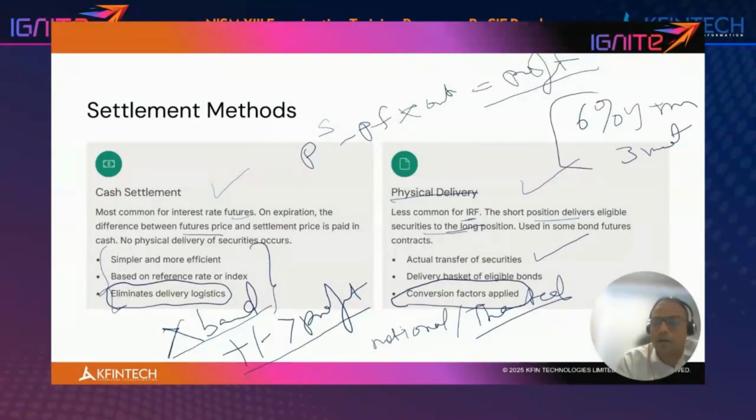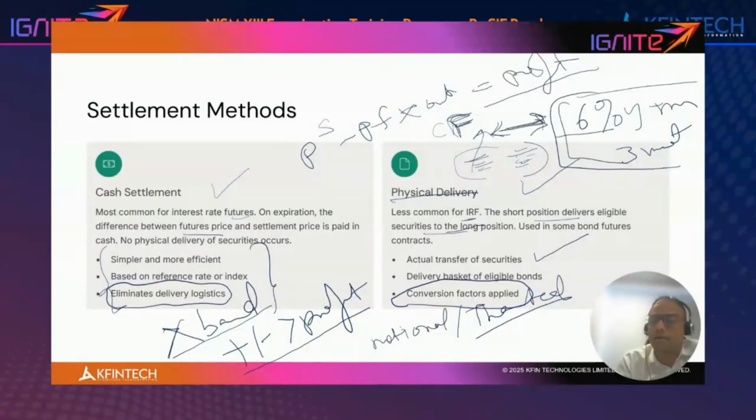But such a contract is not available in the market. So a theoretical contract is entered into, and at the time of settlement, from the basket of securities which are available, a security will be picked and a conversion factor will be applied to it such that the price and the yield of the security matches with the contract that I have entered.